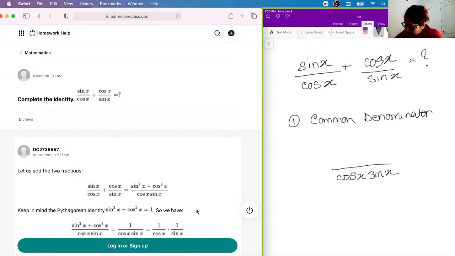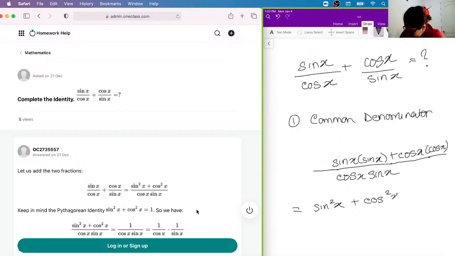You can imagine that we crisscross and multiply: sine x times sine x plus cos x times cos x. If we combine this, we have sine squared x plus cos squared x all over cos x sine x.